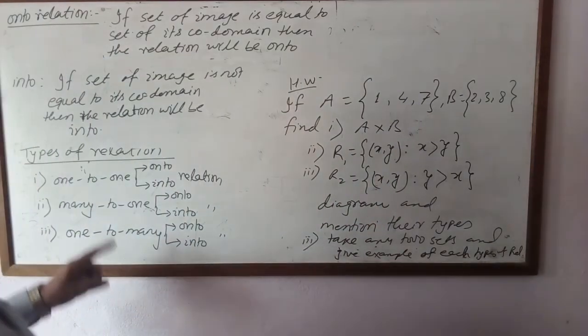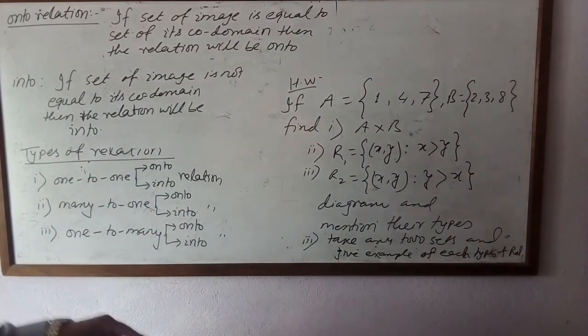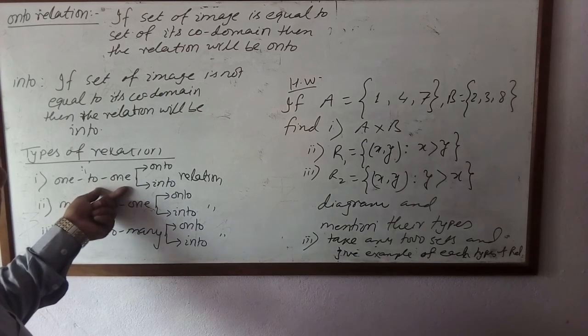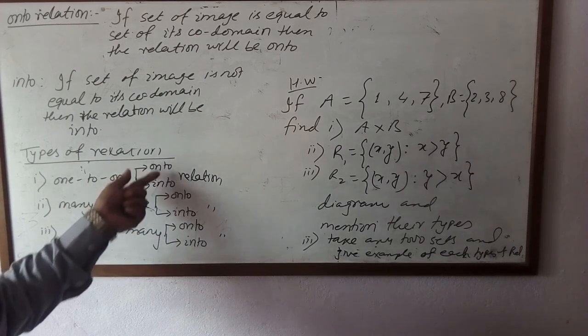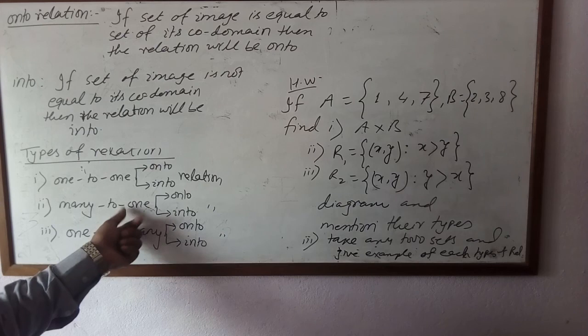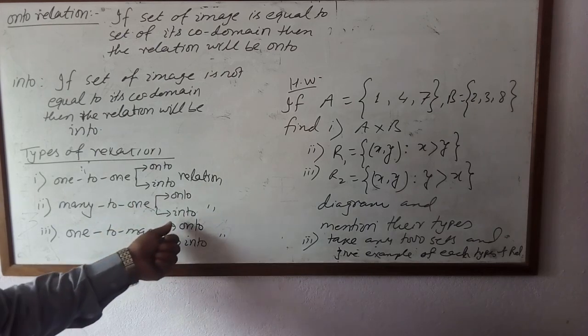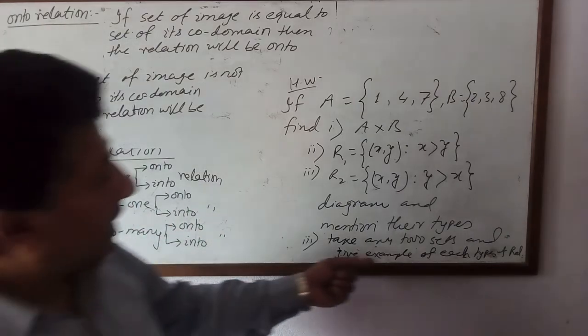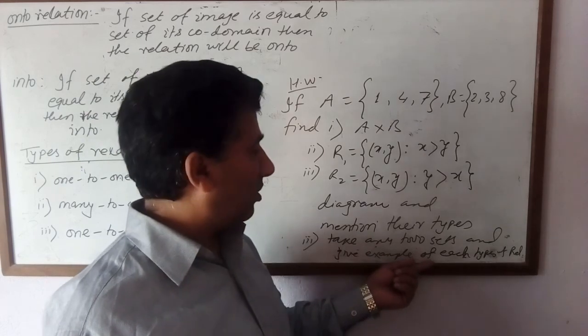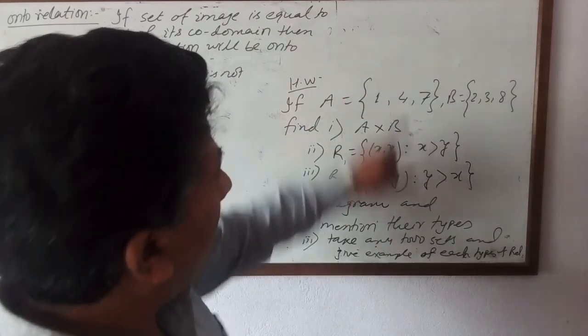Each type of relation, onto also, into also. Now you have to make two examples of this one, onto, into, two examples of this one, onto, into, and two examples of this one, onto, into. There should be 6 examples of this, and this you can do for your practice.